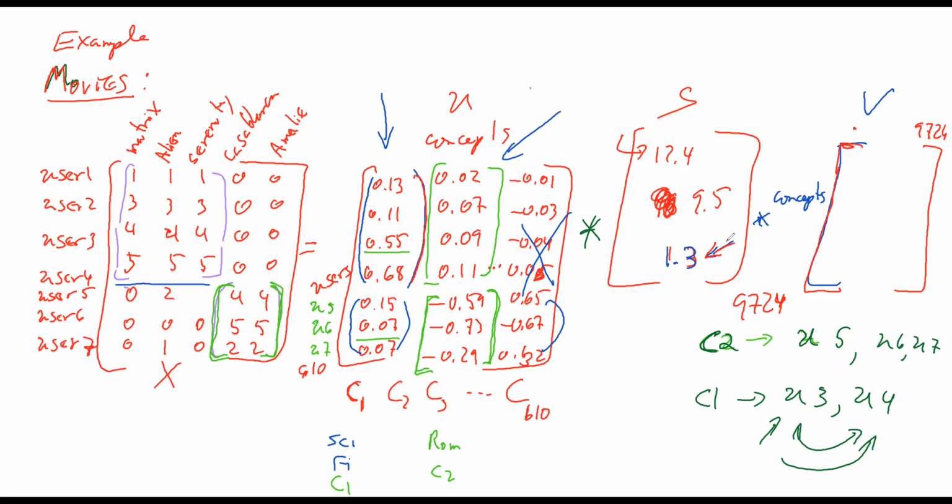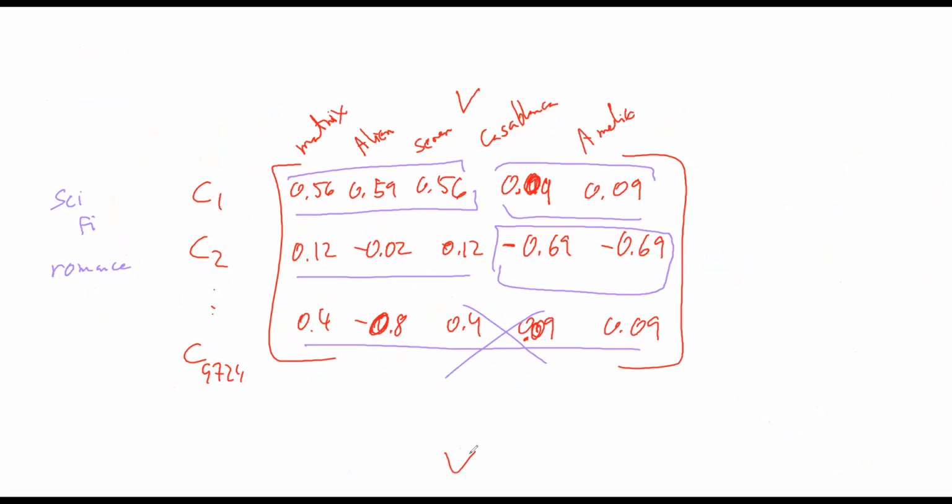Now, on the other end, when we look at the V matrix, we say the same thing. These movies, The Matrix, Alien, Serenity, are stronger for the concept C1. So these movies heavily correspond to the sci-fi concept.